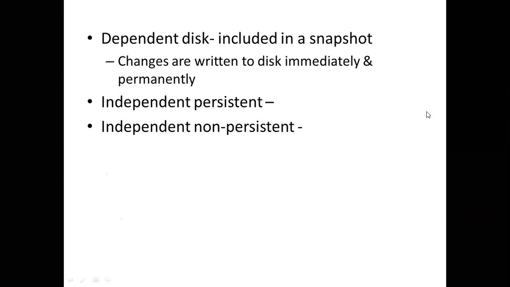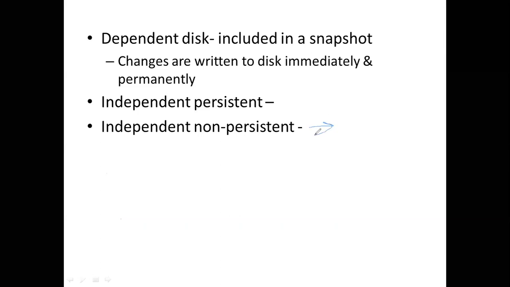Then for independent non-persistent disks, in that mode, disks are discarded after the VM is stopped or restored using a snapshot. Disks are discarded after the VM is restored. Right.